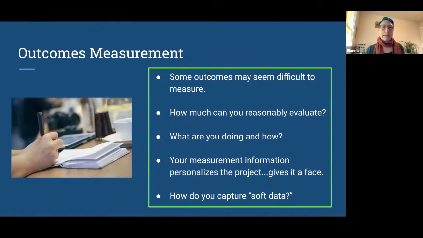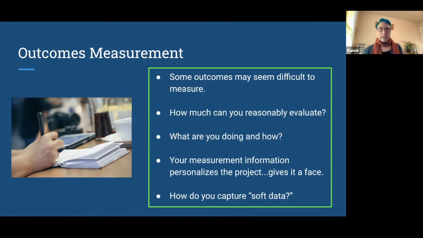So outcomes measurement. Some outcomes may seem difficult to measure. So you may want to take into consideration that you'll need to use quantitative and qualitative information. So quantitative information is when you're counting, you've got numbers to identify how many, how much, all of that.